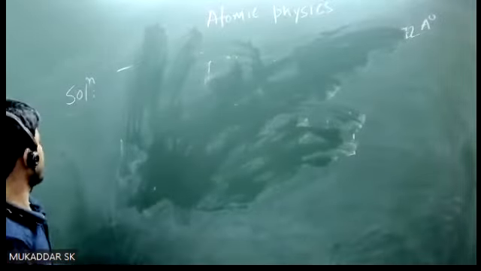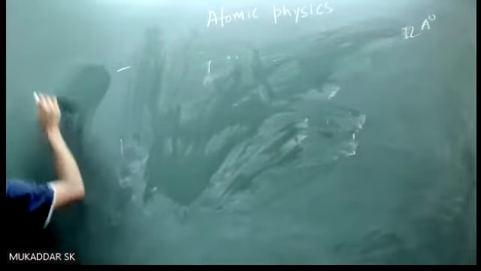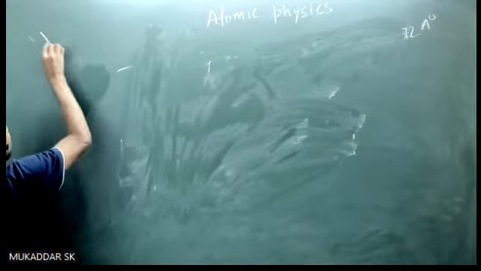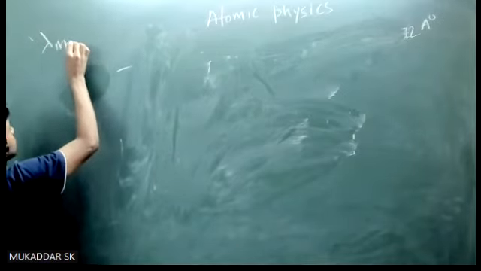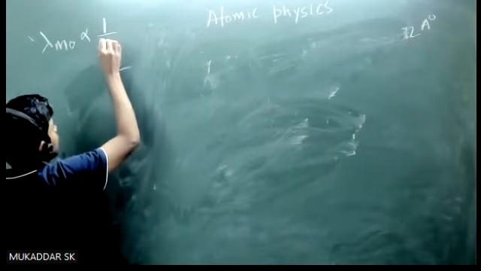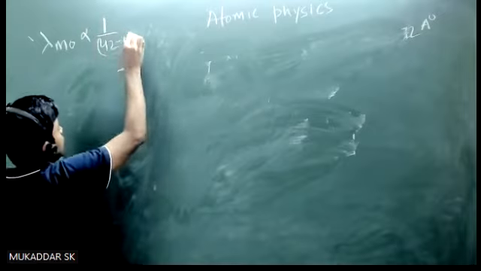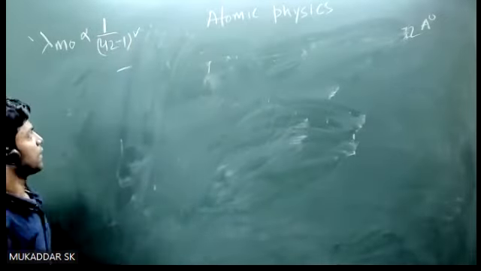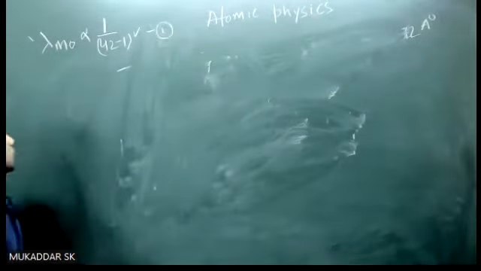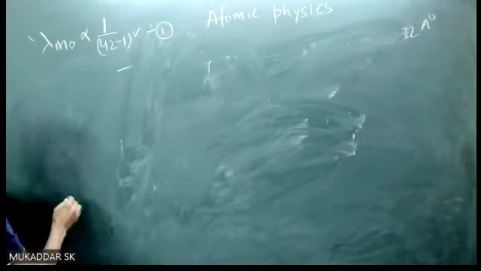So we can easily write that lambda of molybdenum will be inversely proportional to (42 minus 1) whole square, and let us assume this is equation number 1. You know that lambda of molybdenum is given as 0.72 angstrom.